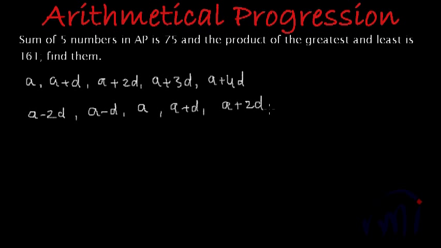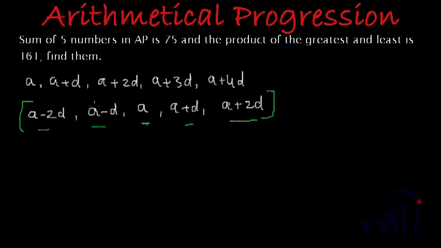So whenever we are asked to assume any 3 or 5 terms in arithmetical progression, I usually prefer to assume the middle term as A and then A minus D, A plus D, A minus 2D and A plus 2D like this. So if I am asked to assume 3 terms, I'll assume these 3 terms, and here since I am asked to assume 5 terms, I am assuming these 5 terms as the arithmetical progression.